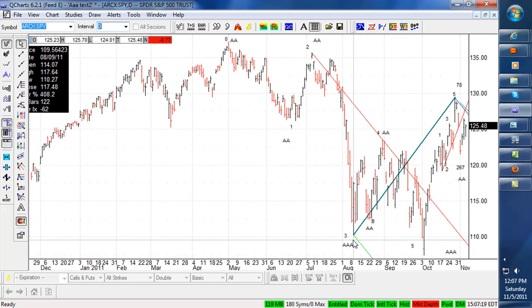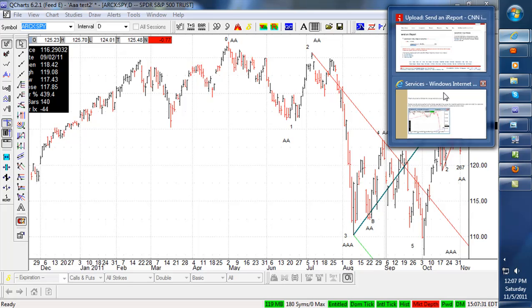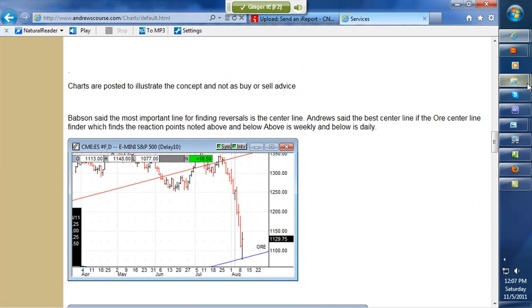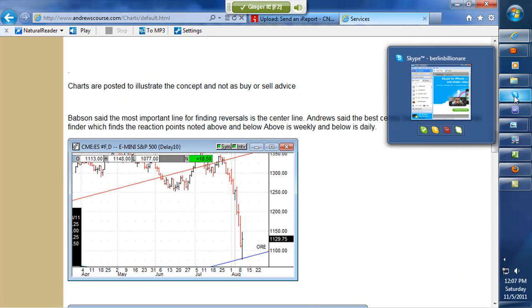Okay, well, apparently this line came in right around here. This was the 8th or 9th of August, and so the ORE came in about here. Actually, let's see what the exact value was. That was about 1100. So let's bring up the ES chart.